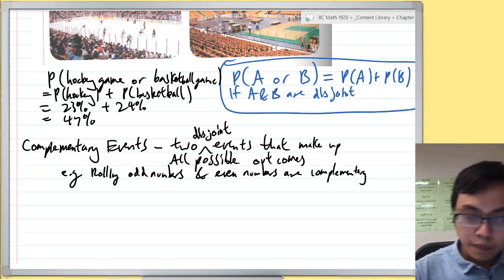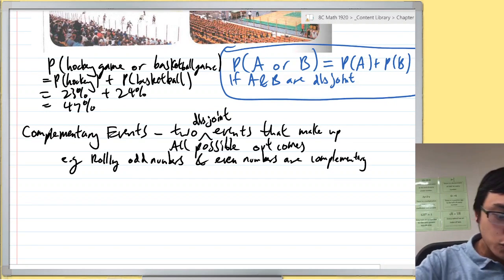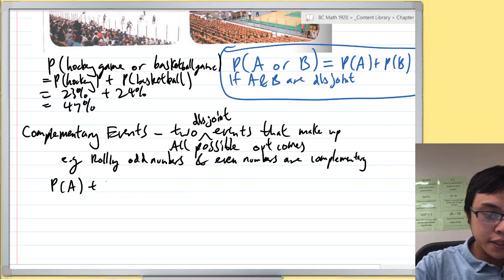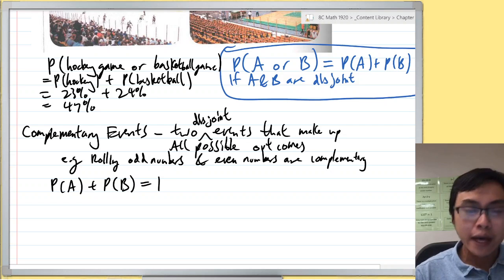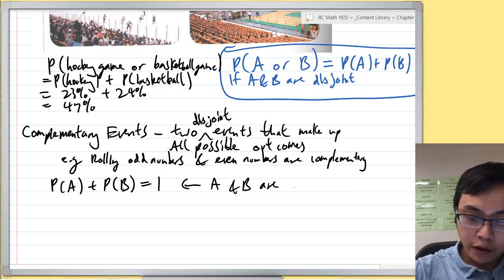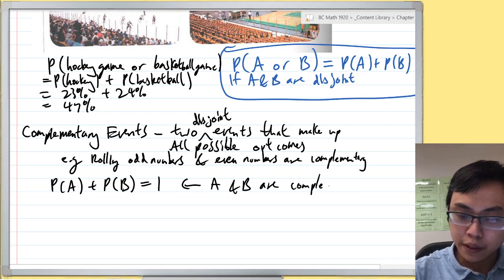And we can also write it this way: if the probability of A plus the probability of B is equal to 1, that means that A and B are complementary.